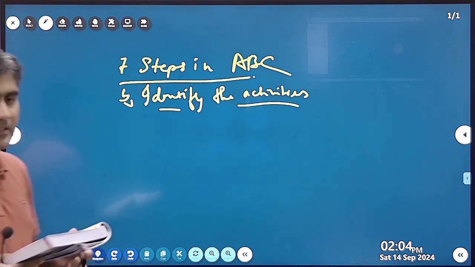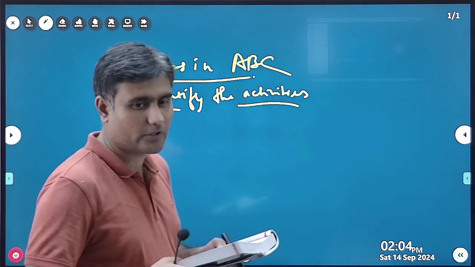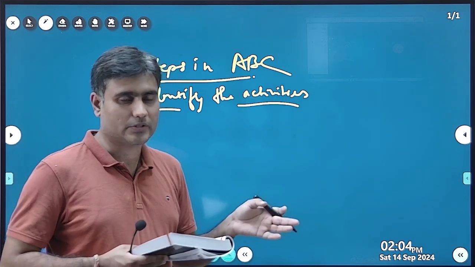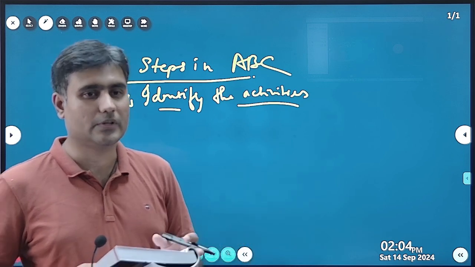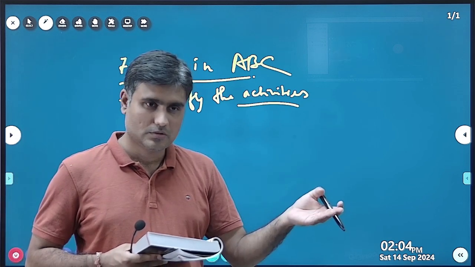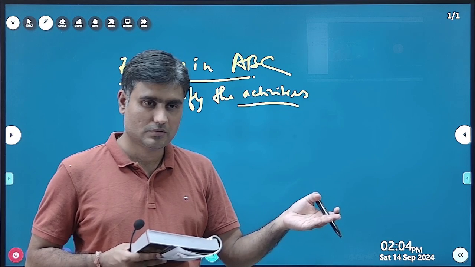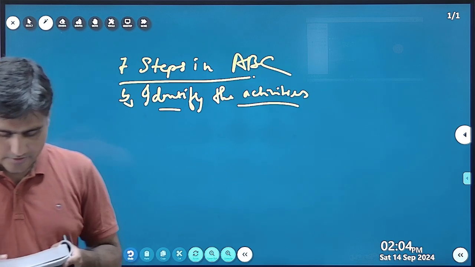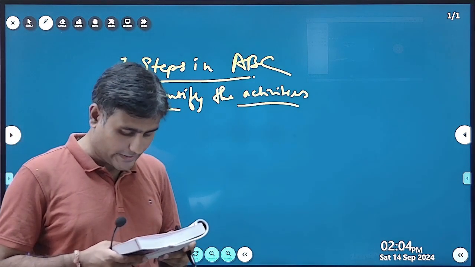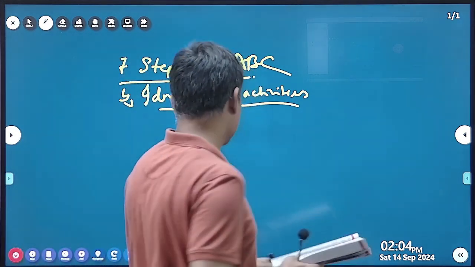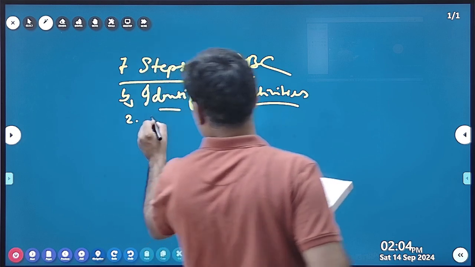Of course, the organization which has many activities will only opt for ABC costing. If it has very few activities, say 1 or 2, then it will generally opt for traditional costing, right?